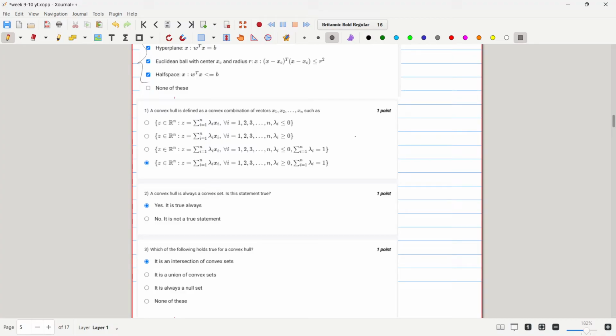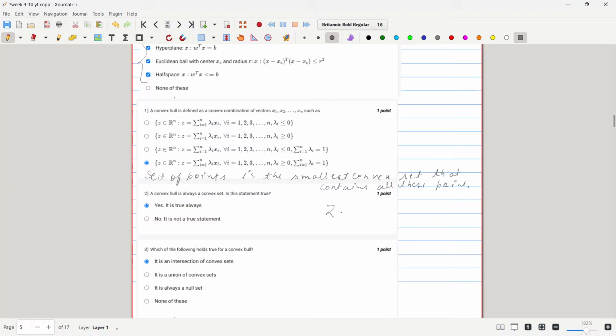Convex hull. You can define the convex hull as the set of points that is the smallest convex set that contains all these points.